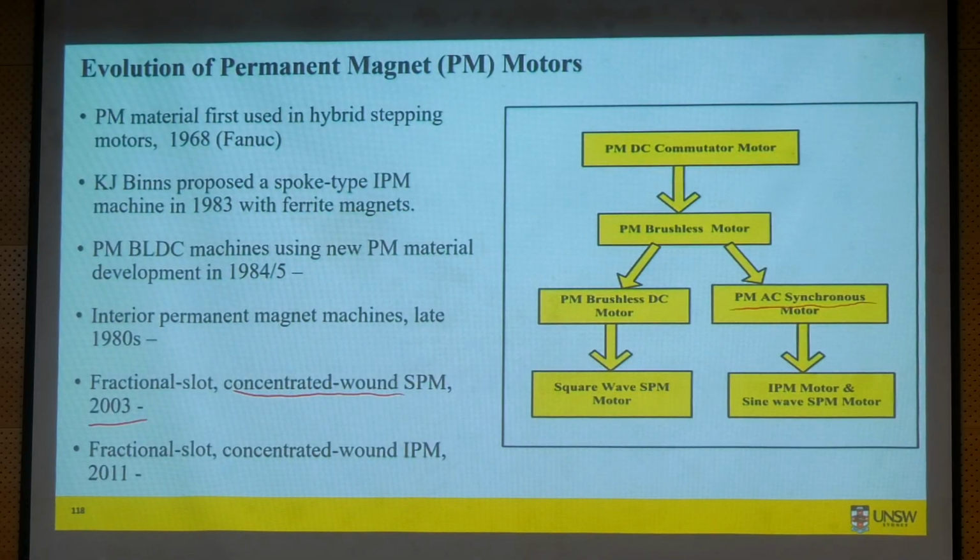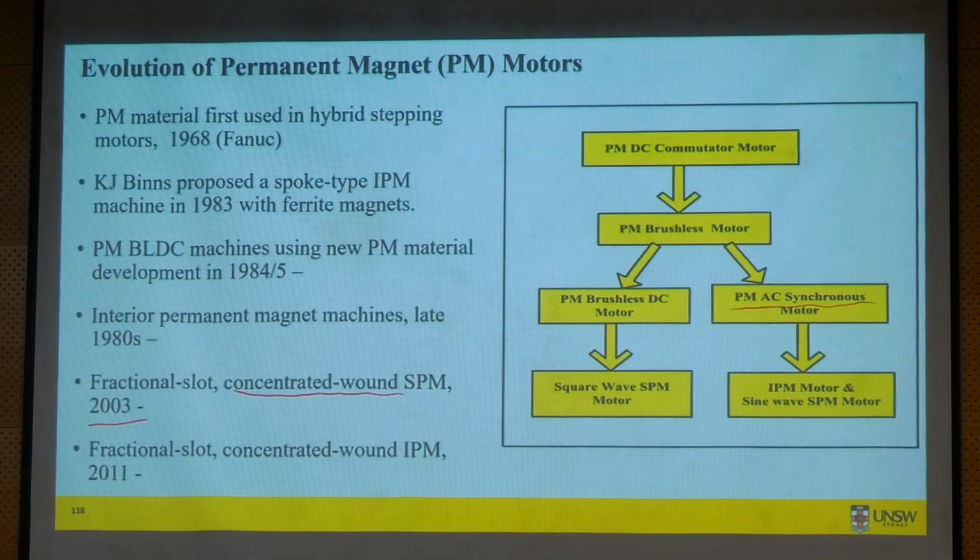Okay, so to make the surface type PM motor suitable for traction application, they wanted to have flux weakening. And one way of doing that is to use the fractional slot concentrated winding type stator, and that led to a development around 2003. And later, the same fractional slot concentrated winding was also used in IPM.